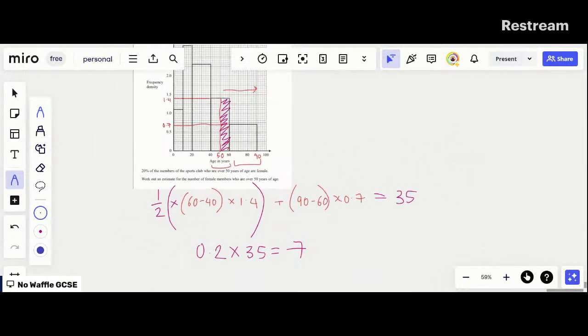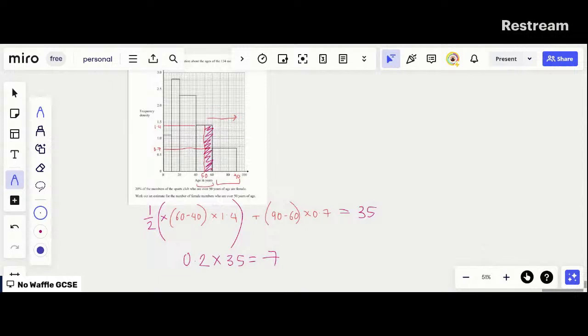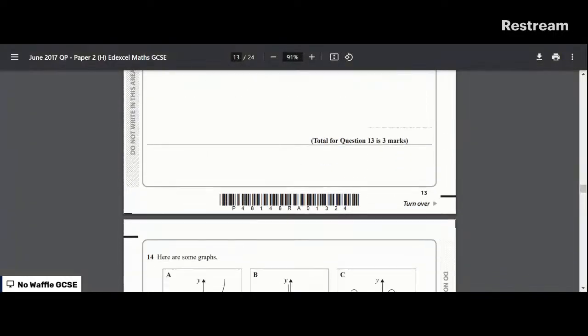Okay, so does that make sense? Hopefully that does make sense. Okay, if that does, we'll go on.